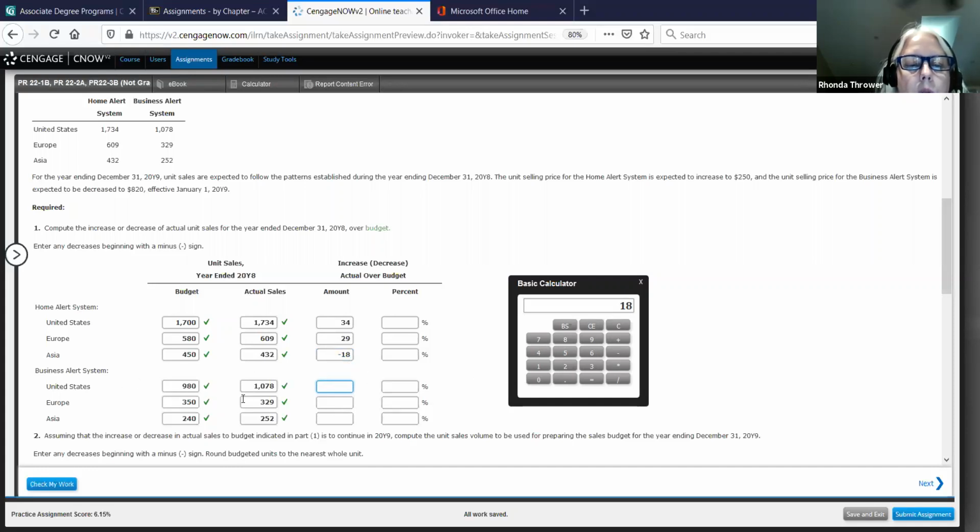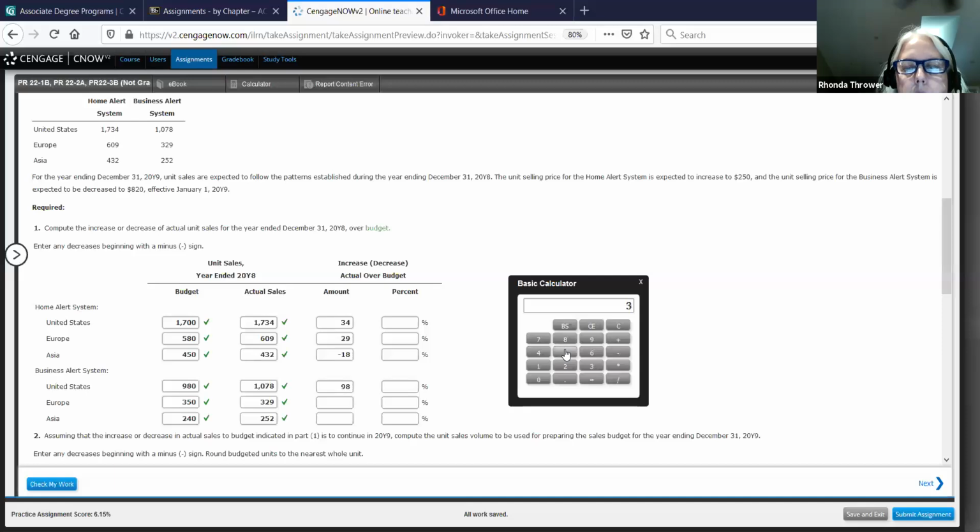For the business alert systems, we had an increase over our budgeted amount. Our actual sales was 1,078, and our budgeted amount was 980. So the difference between these is 98 units. And then for Europe, we had a decrease. We didn't sell as much as we had budgeted for.